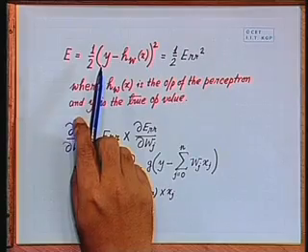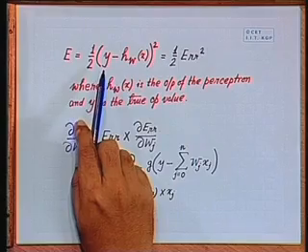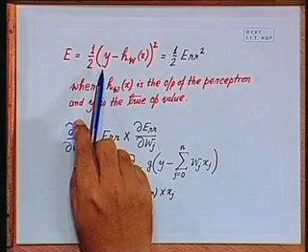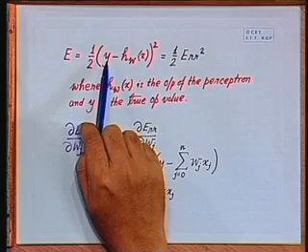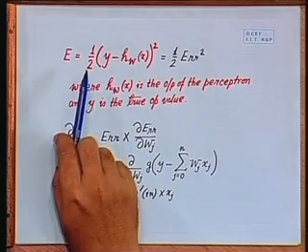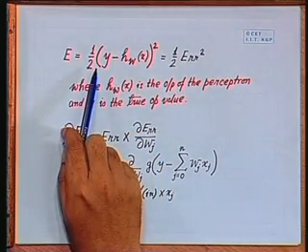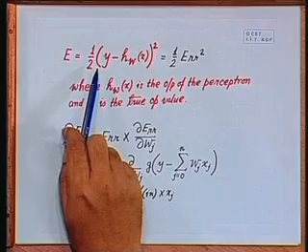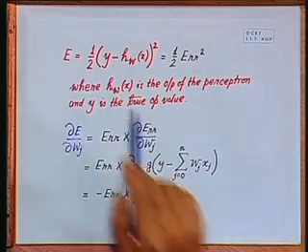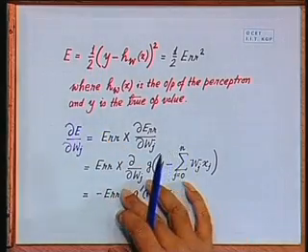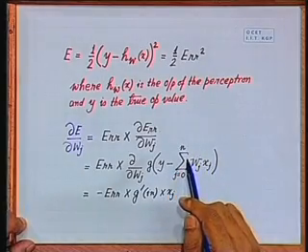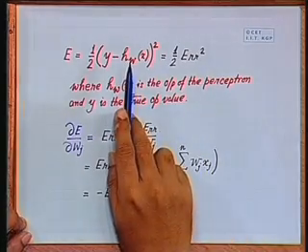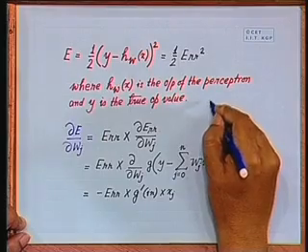See, the output is g of the total input.